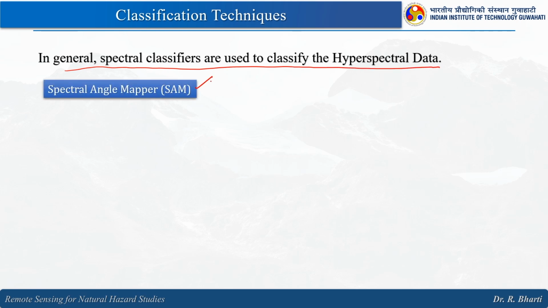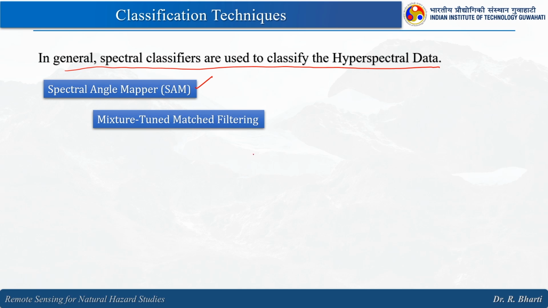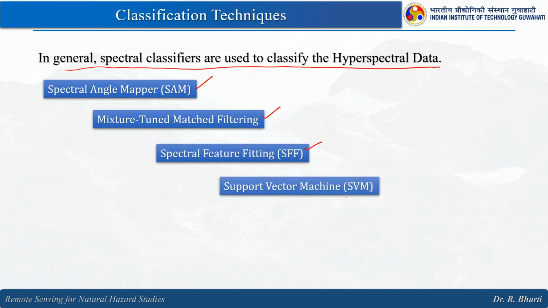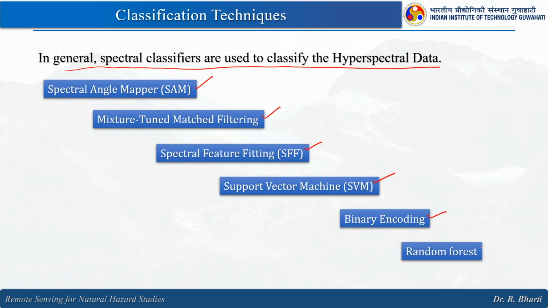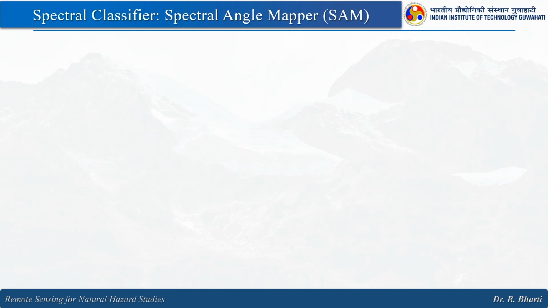So, spectral angle mapper, mixture tuned matched filtering, spectral feature fitting, support vector machine, binary encoding and random forest. These are popular in classifying the hyperspectral data. So, any one of them or maybe a combination of them can be used to classify the hyperspectral data, right.